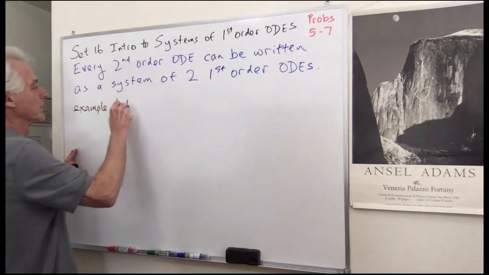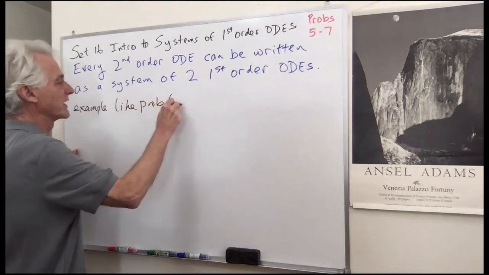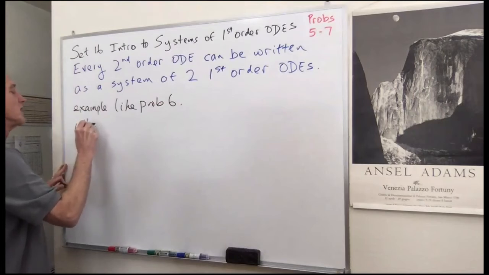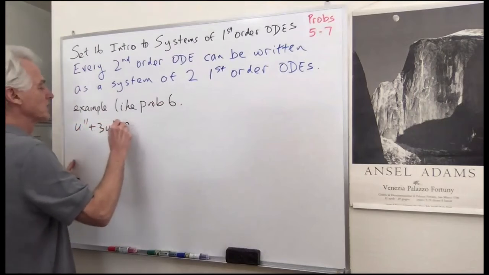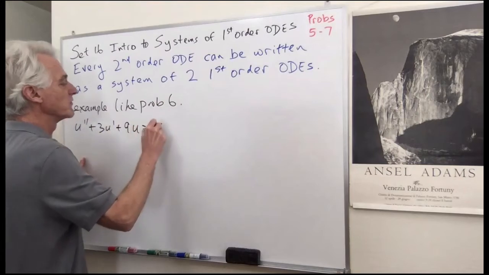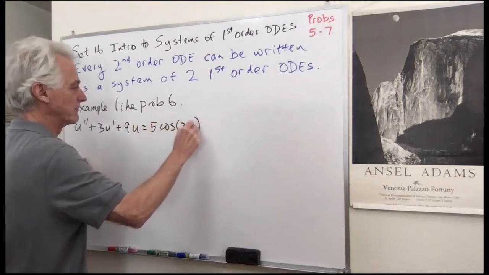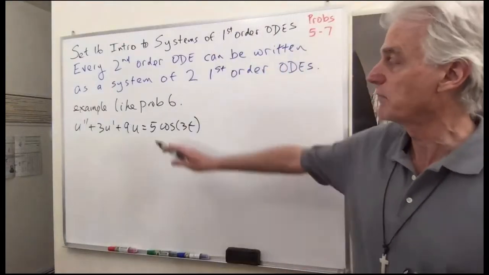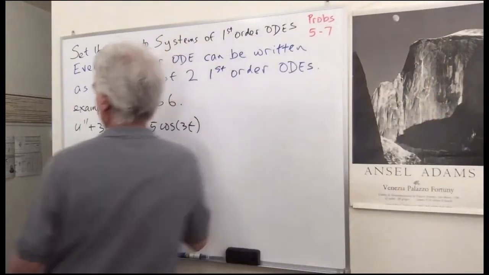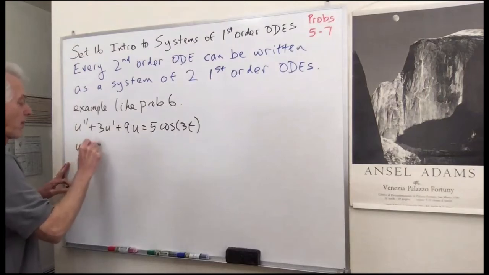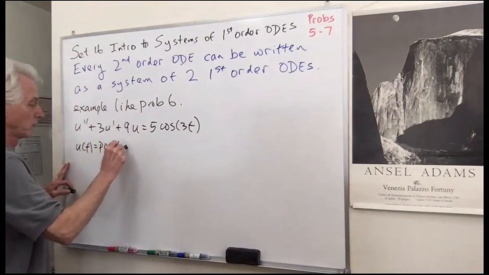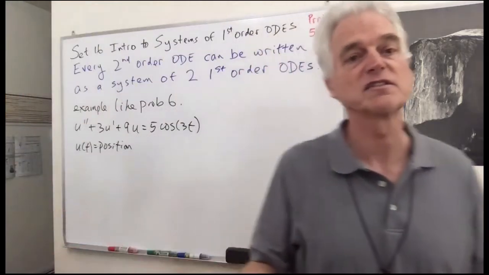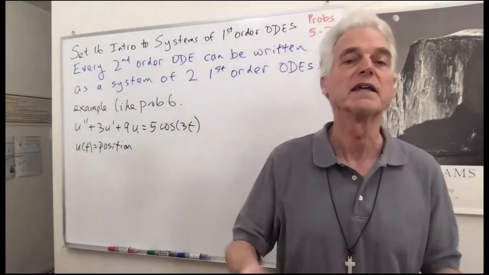Say like problem 6. Suppose I've got u double prime plus 3u prime plus 9u equals 5 cos of 3t. I'm using u instead of y. u of t is position, but that's because the web problems use u instead of y.